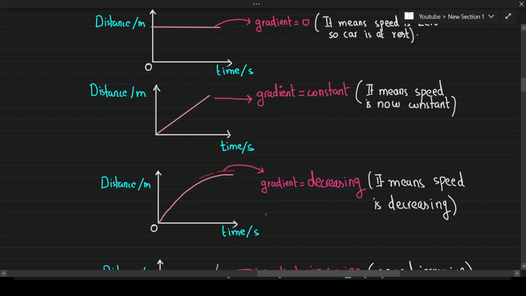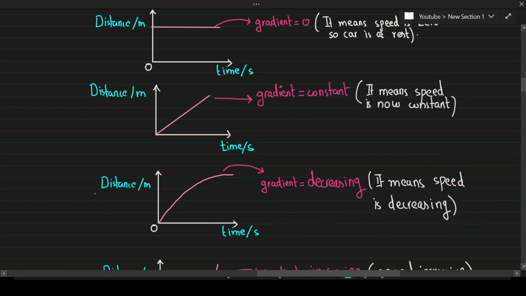We have studied that a horizontal line means that the gradient is zero. So we can analyze from this graph that the gradient is gradually decreasing, becoming zero. So your speed would also be decreasing. I have written here that speed is decreasing.